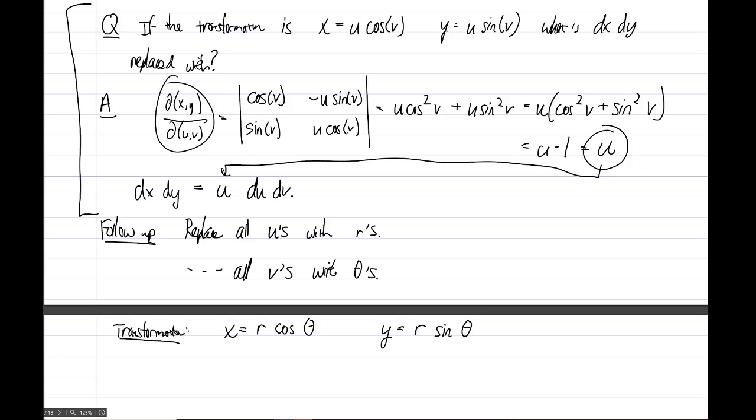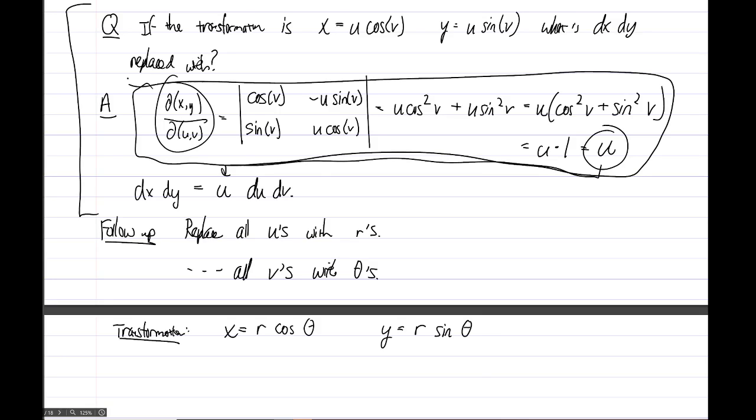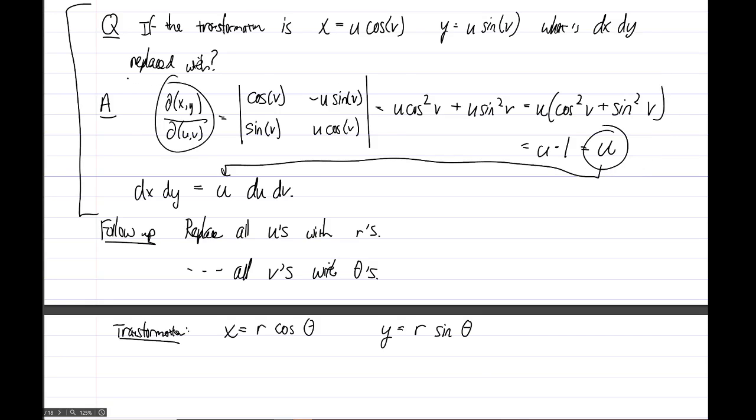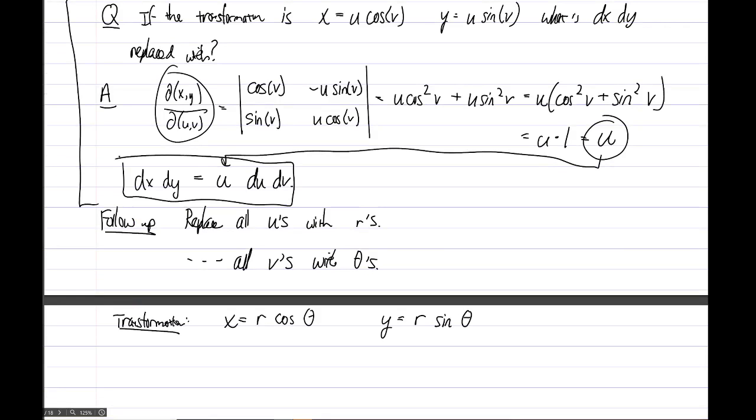And then we'll skip all of the work here, okay? We could repeat it. It's just every u is now an r and every v is now a theta. But let's get the punchline right here. So what happens is then dx dy is equal to, well, u du dv, replacing the u's and the v's, becomes r dr d theta. Check that out.